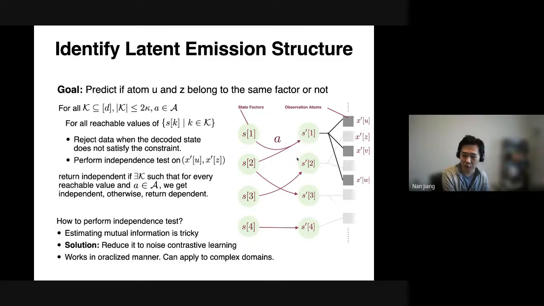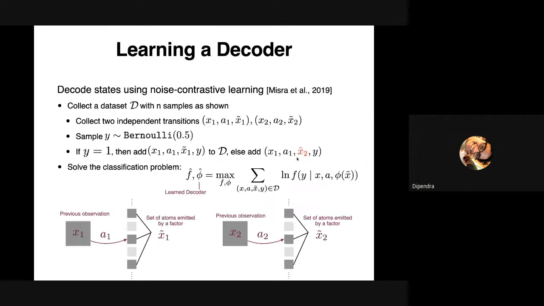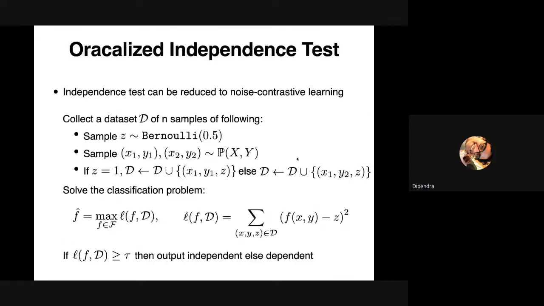Do you mean realizability of, say, the value function? Maybe I can talk about it very quickly. This is how the oracle-ized independence test works. It's exactly like you described: you sample two samples (x1, y1), (x2, y2) from the joint distribution, and with some 50% probability you swap them, and otherwise you keep the original samples. And then you predict if the sample was swapped or not.